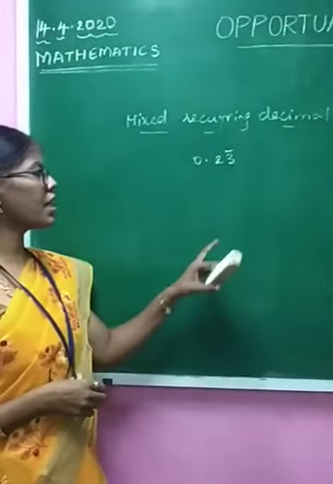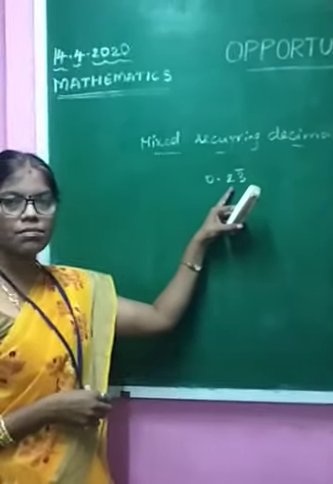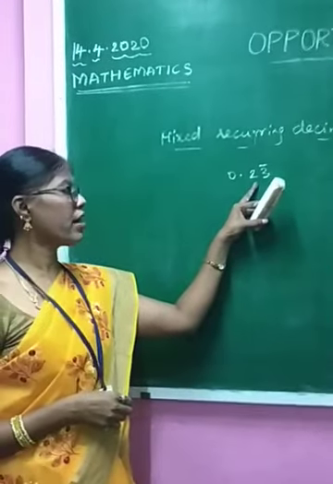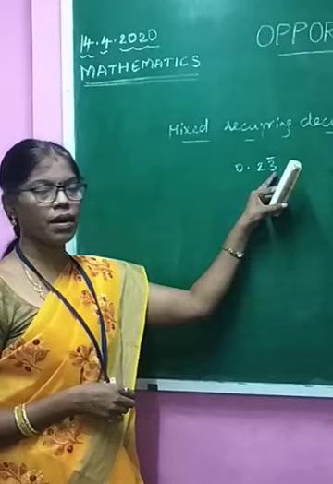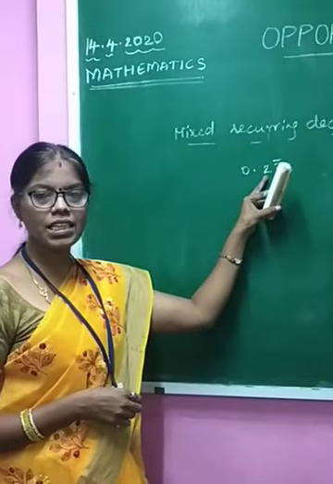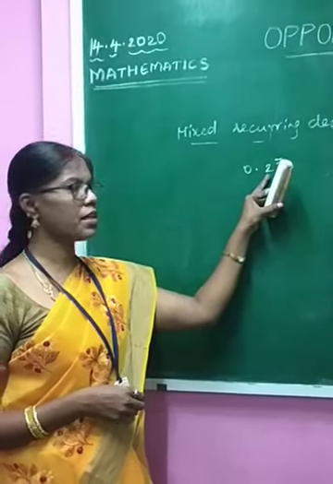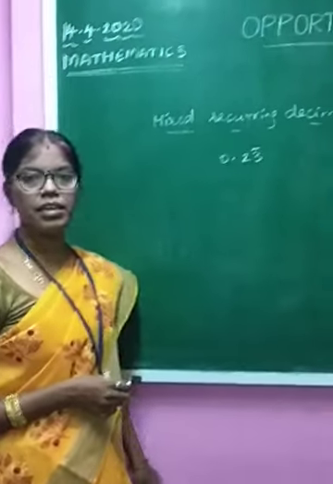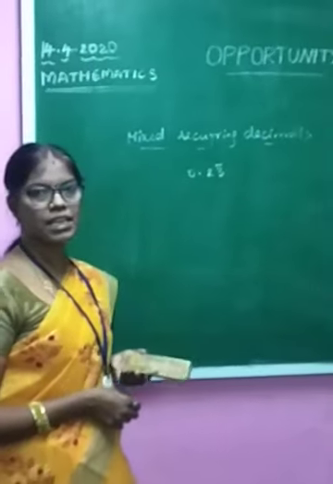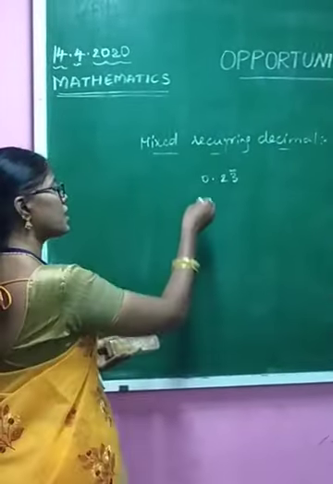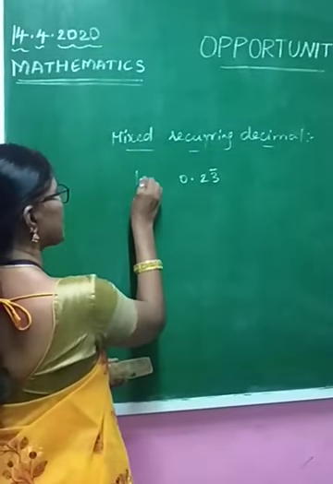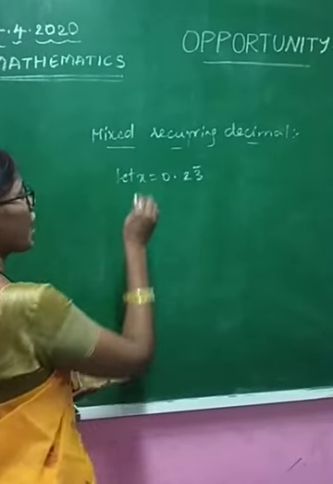Why is it a mixed recurring decimal? After the decimal point we have one non-recurring part and one recurring part. At least one digit should not be repeated and the remaining can be repeated. That is known as mixed recurring decimal. So let us assume this as x.